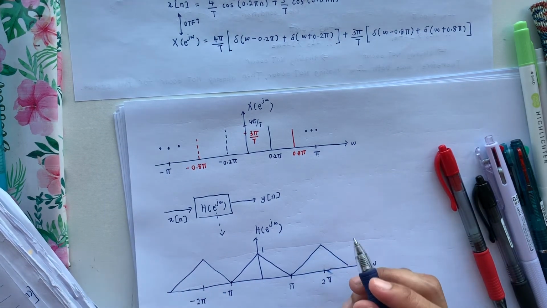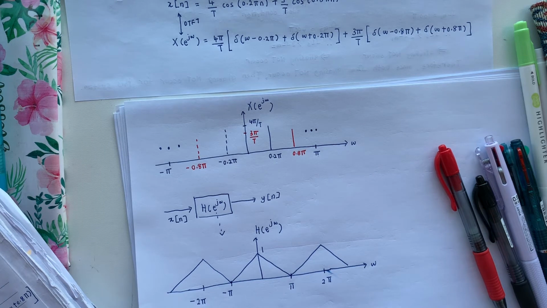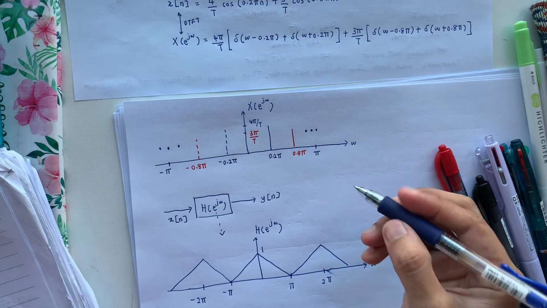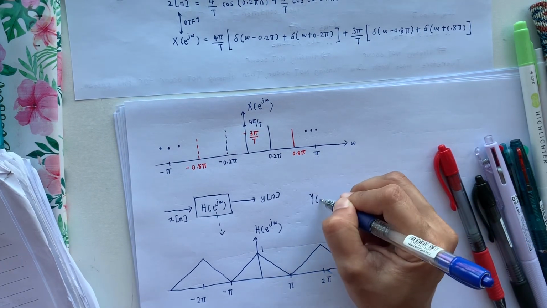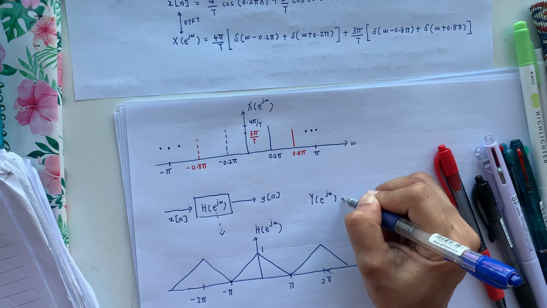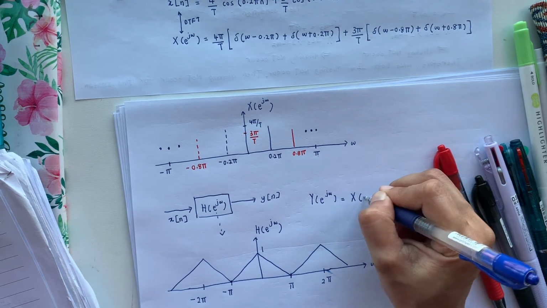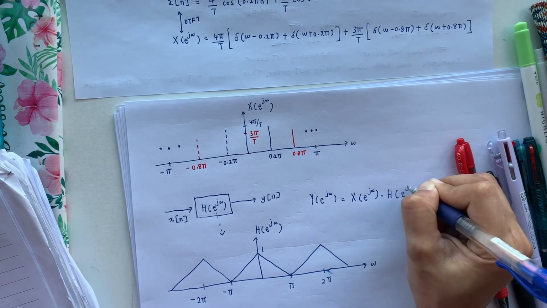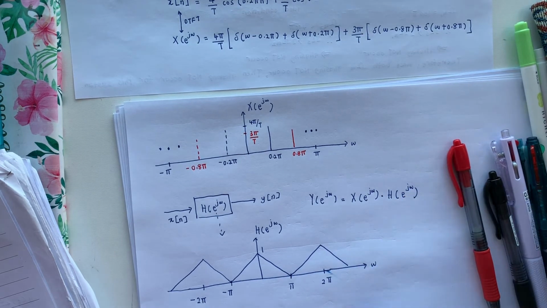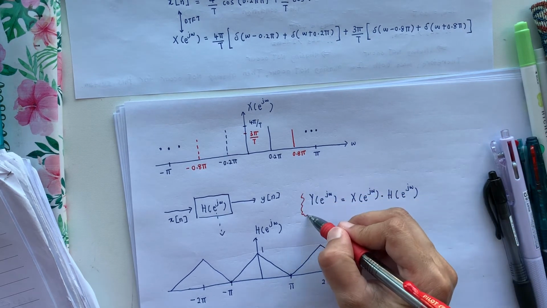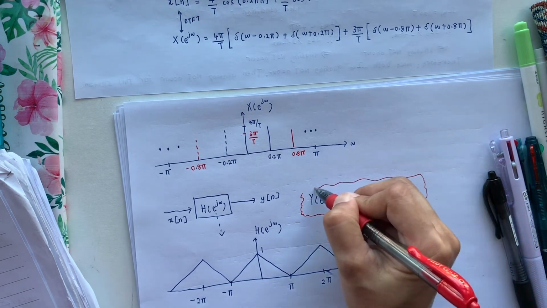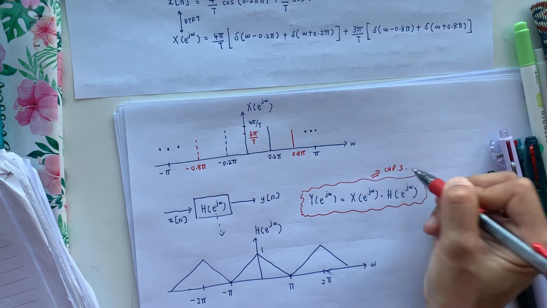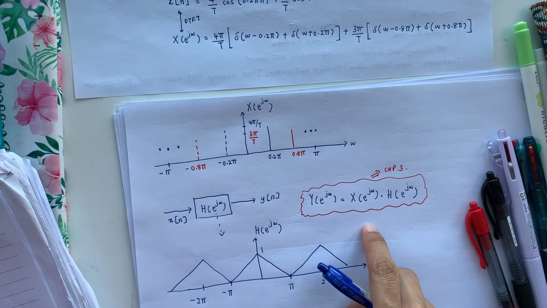So for this you need to do the interpolation technique to get your Y. How to get Y? Y(e^jω) is equal to X(e^jω) times H(e^jω). This equation you get from chapter 3, so I hope you open back your notes on chapter 3.